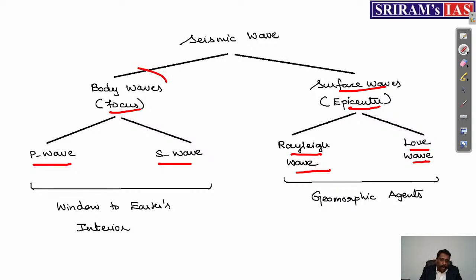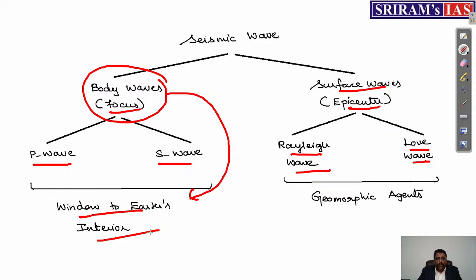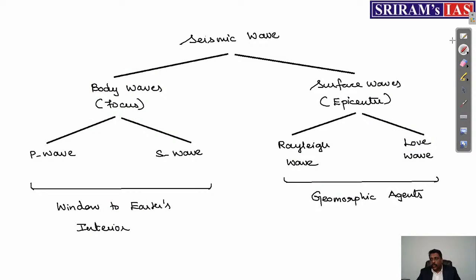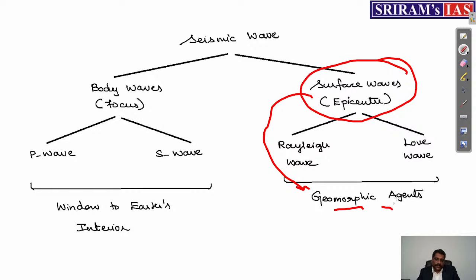Analysis of body waves has given the idea about Earth's internal structure. Body wave analysis acted as a window to Earth's interior. Surface waves, my dear friends, acted as a geomorphic agent.